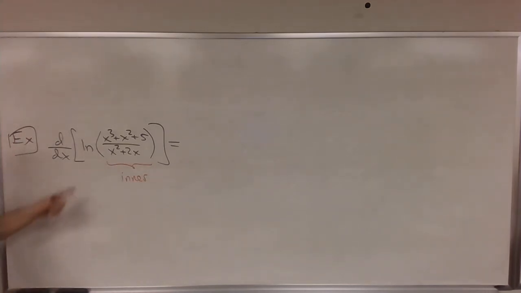So let's see. The derivative of this will be 1 over the inner times the derivative of the inner, and that means we're going to have to use the quotient rule. Ugh.